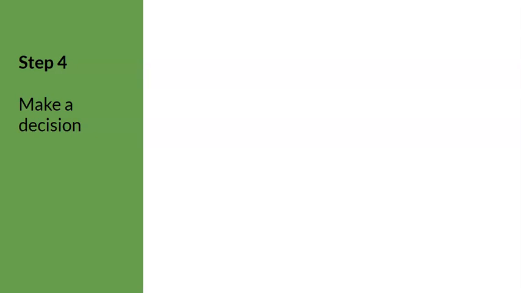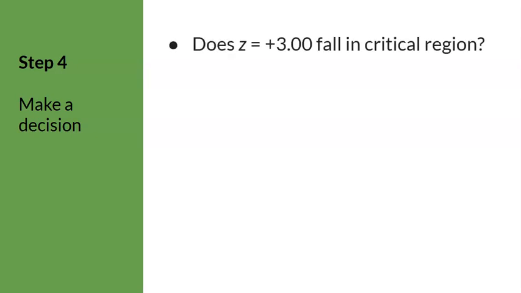Step 4. Now, after all that hard work, we need to make a decision to determine whether the study worked or not. In this step, we will compare the sample z-score calculated in step 3 to the population prediction determined in step 2. In other words, does the z equals plus 3 that we just calculated fall into the critical region from step 2?